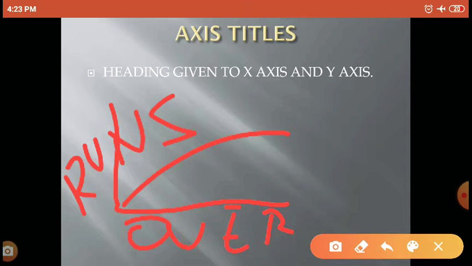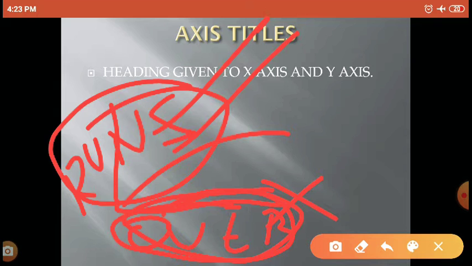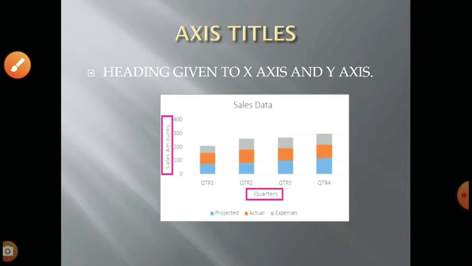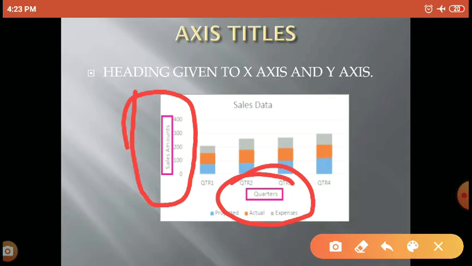So this is the name given to my y-axis and this is the name given to my x-axis. Okay class, let us move forward. See, sales, see the example out here, sales and quarters.